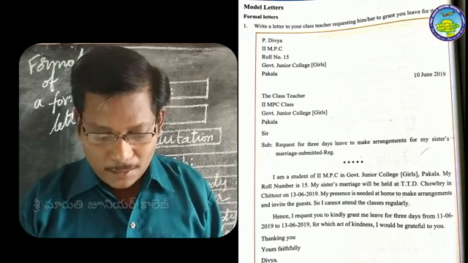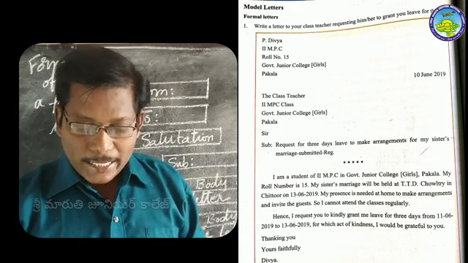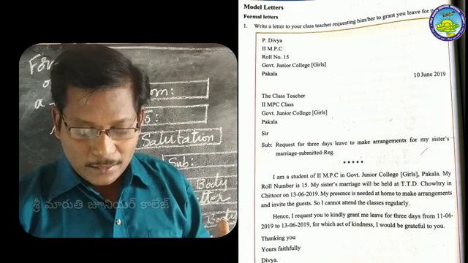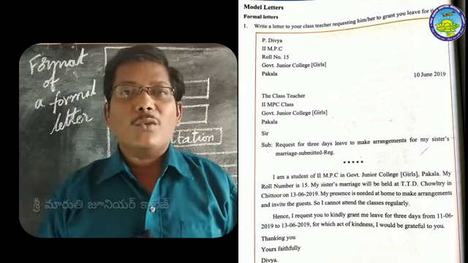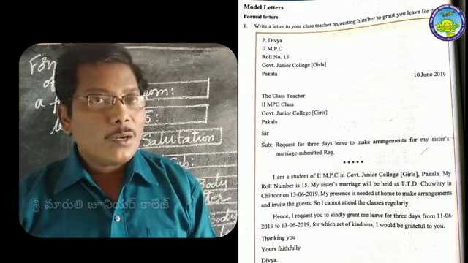That's very common. So my presence is needed at home to make arrangements and invite the guests. So I cannot attend the classes regularly. You see how she is writing the letter straightforwardly, without any unnecessary matters or sentences. Directly we have to write like this in formal letters.